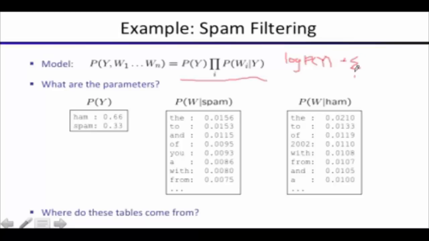So you're going to have a sum of log of probability of wi given y, right? So that's where the algorithm came from: if we take the log of this product, we're going to get the sum of these logs.